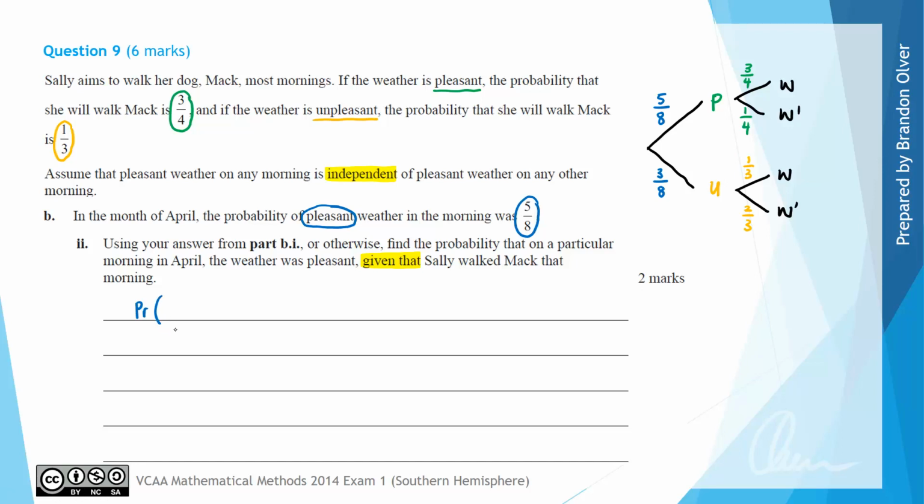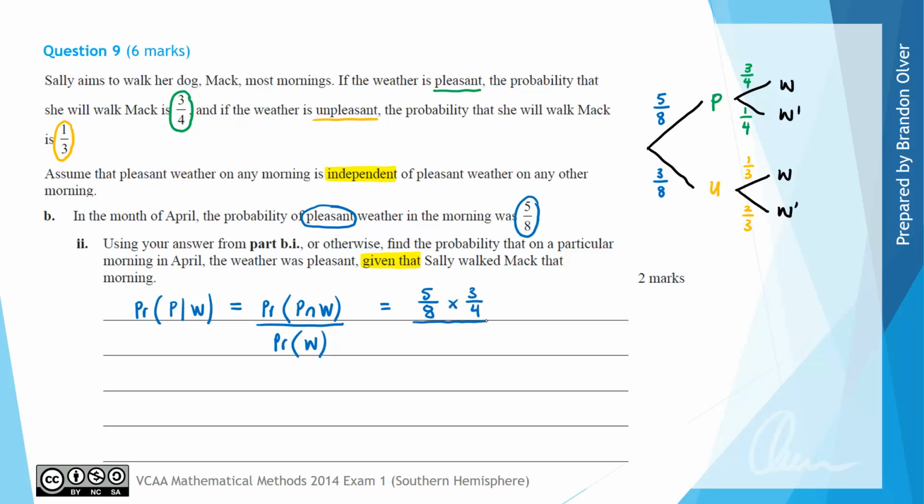That's going to equal the probability of the intersection, P intersect W, divided by the condition, which is the probability of W. From before, we can use our tree diagram to find the probability of P intersect W, which is 5 on 8 multiplied by 3 on 4.